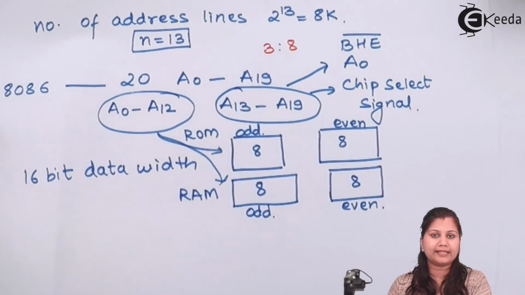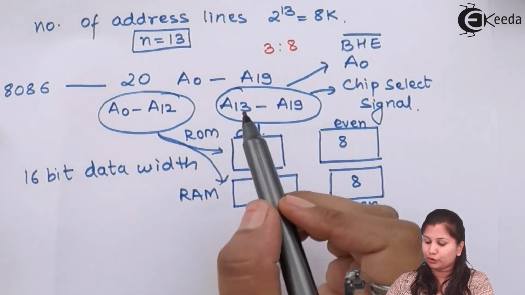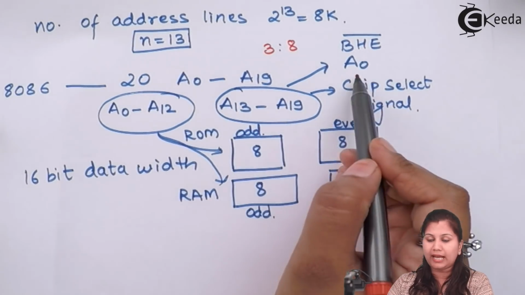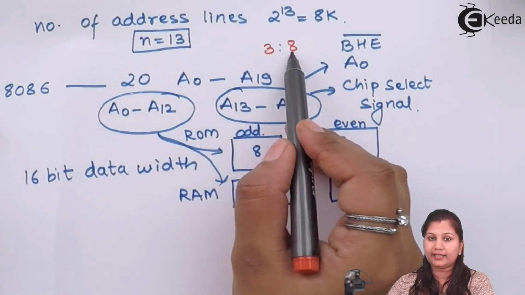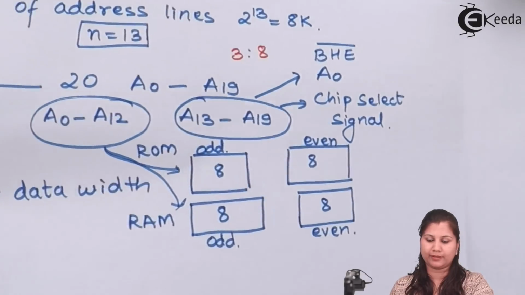The 3 lines are the input lines and 8 are the output lines. The 3 inputs will be the address line, BHE and A0, and the 8 outputs will be used to select the 4 memory chips. Okay, so let's draw the interfacing circuit for it.